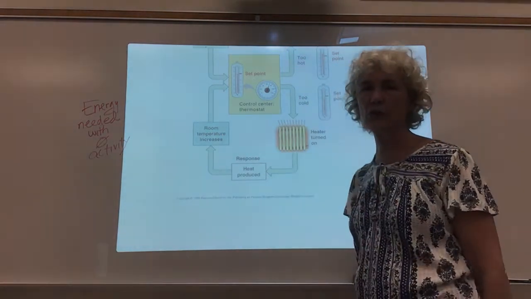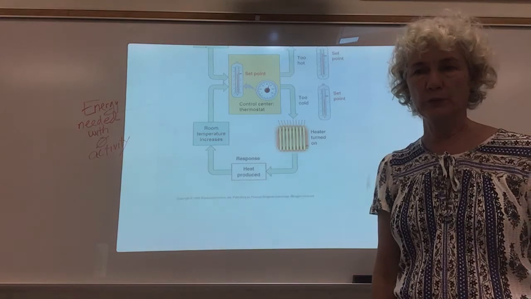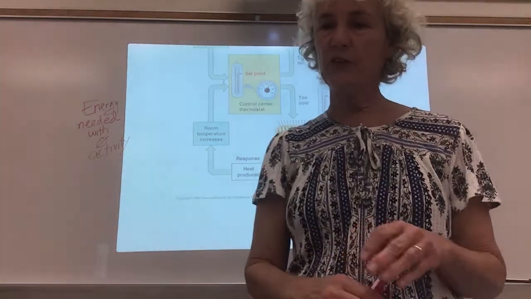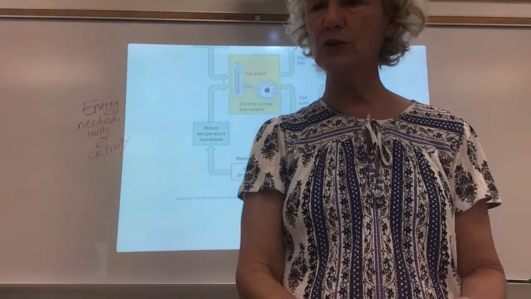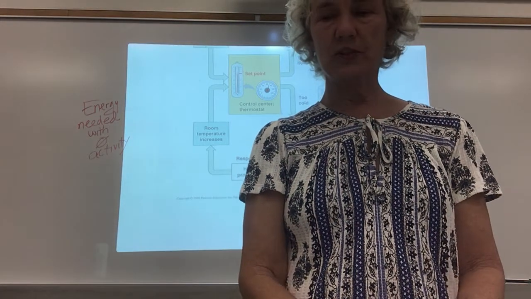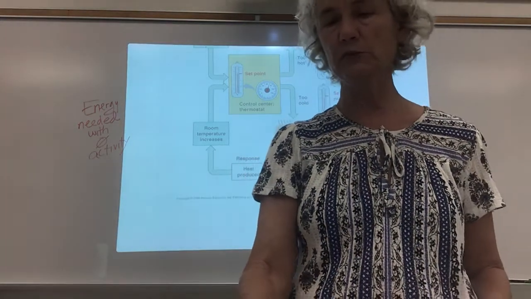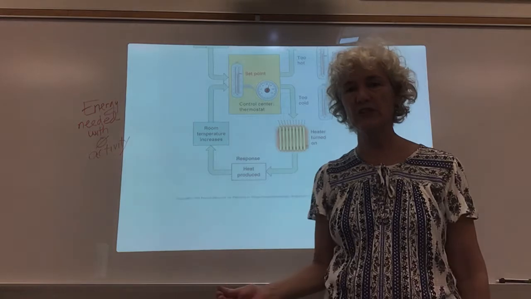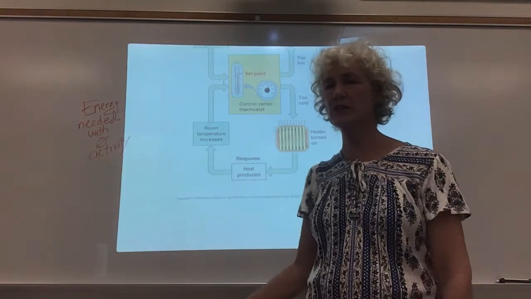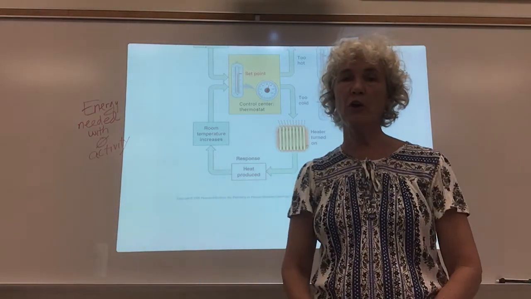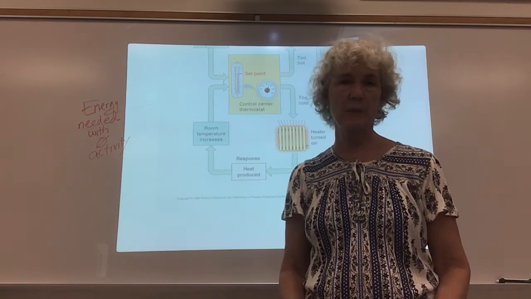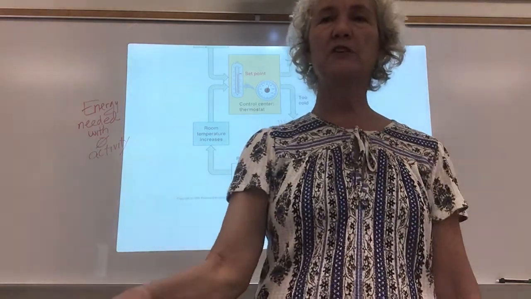So this is called a negative feedback loop. So anyway, that's how you might do some thermoregulation, or I'm sorry, homeostasis regulation. Now this one was in regards to temperature. You don't always do it in regards to temperature. So we'll talk more about different things.